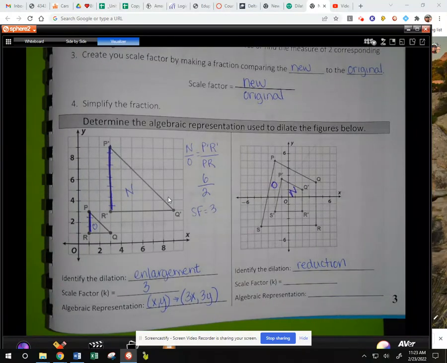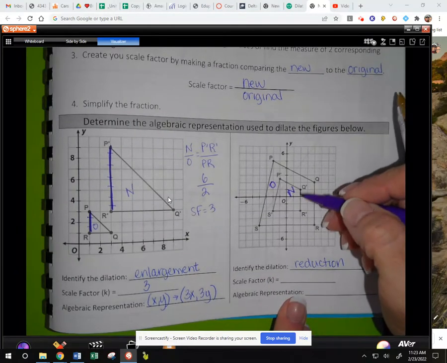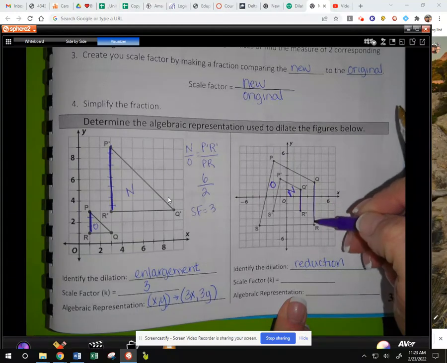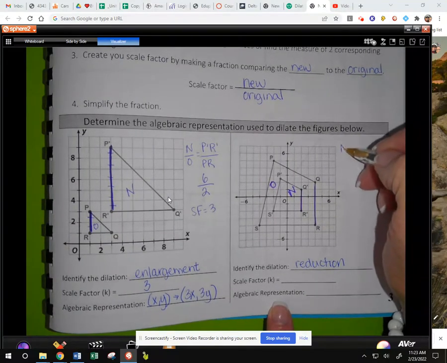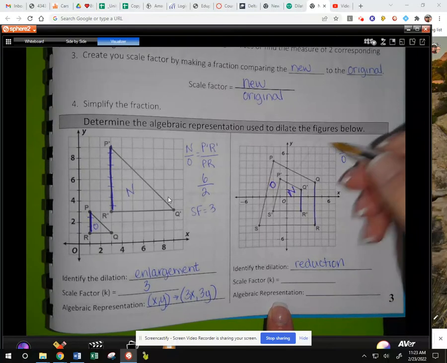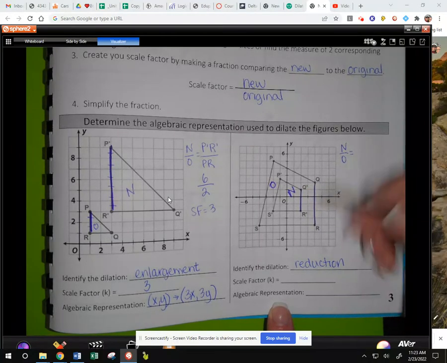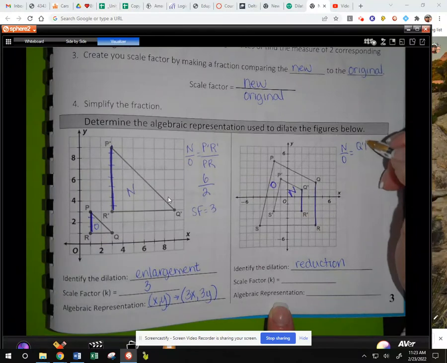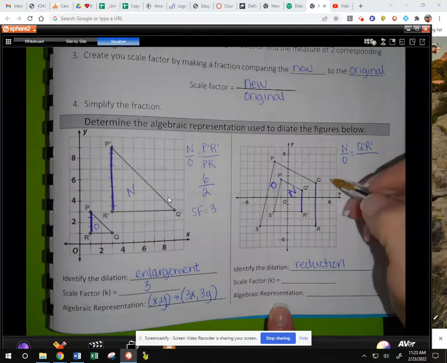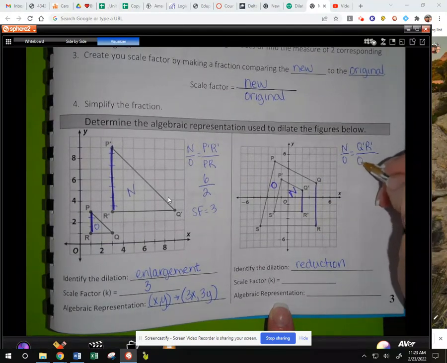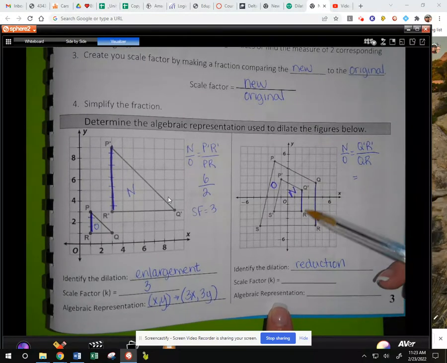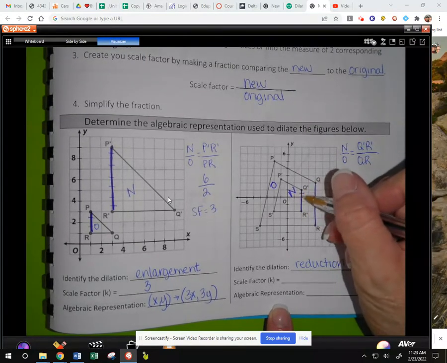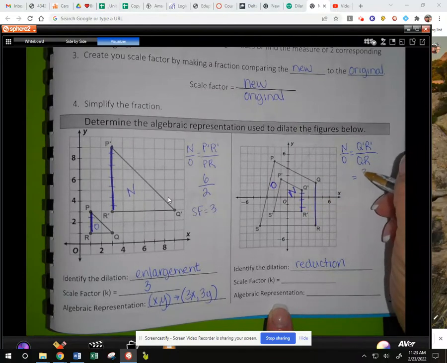Now we need to determine our scale factor. So I have two corresponding sides that are straight that I'm able to count. And remember, it's new over original. So I'm going to use Q prime R prime, and use the corresponding side for QR. So the measure of Q prime R prime is 1, 2, 3.